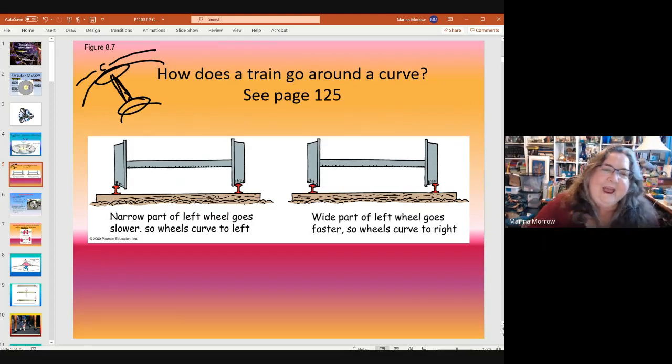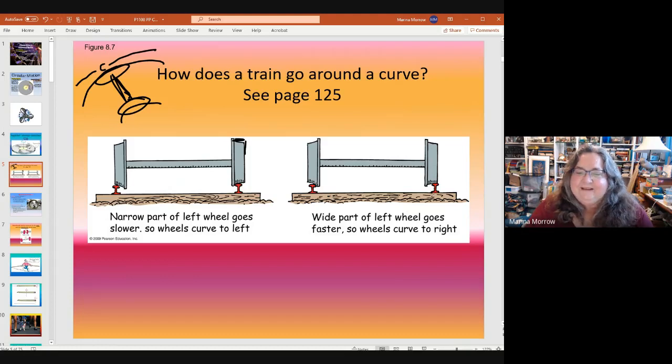Okay, so what's going to happen here? Well, the train designers got very clever in this. It's so subtle, we never really see it. But it turns out that the wheel of the train is not flat where it meets the track. Because of that, as the train rounds the curve, it shifts outward a little bit because of inertia.